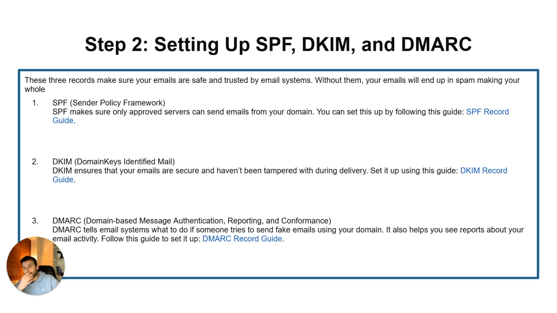So with that said, let's get right into it. Like I've said, these three records make sure your emails are safe and trusted by email systems. Without them, your emails will end up in spam, making your whole email marketing system go into the crap.